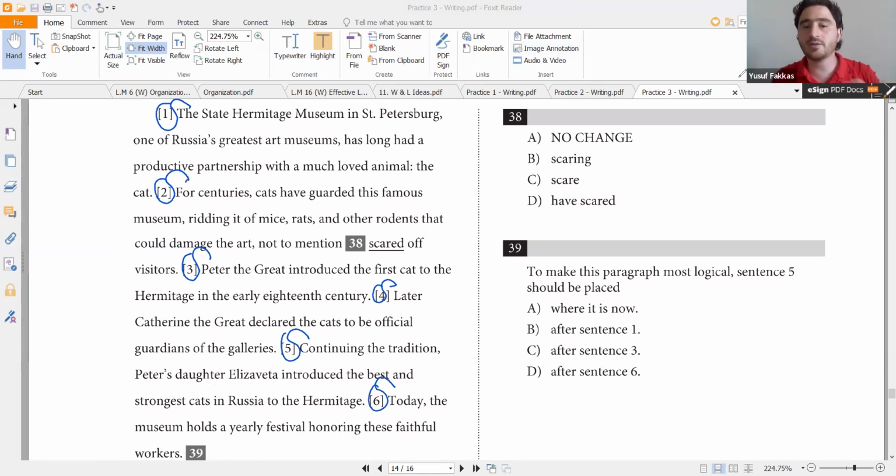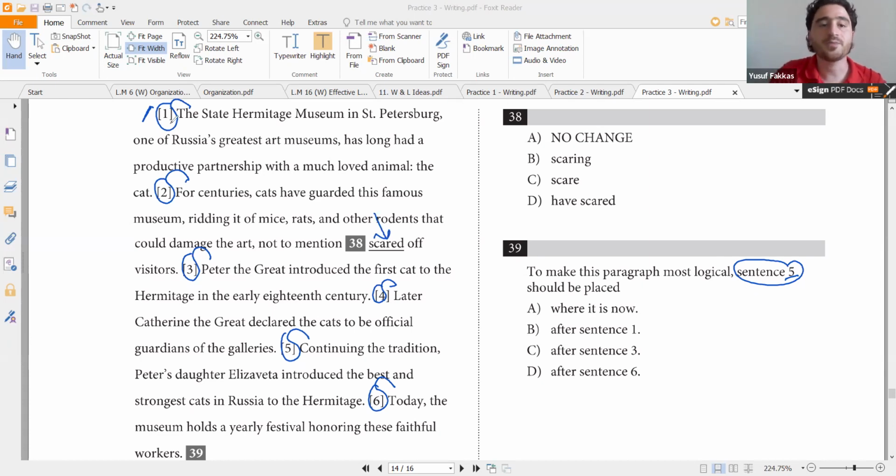Even if there are other questions, first, since the sentences are numbered, I go immediately to the sentence placement question just to see if we're going to add a sentence or it's already there, but we're going to change its place. Here, again, it's already there and it's also sentence number 5. Okay? But as we said, we start from the beginning, we read, we answer other questions, and then we try to figure out where the sentence should be placed.